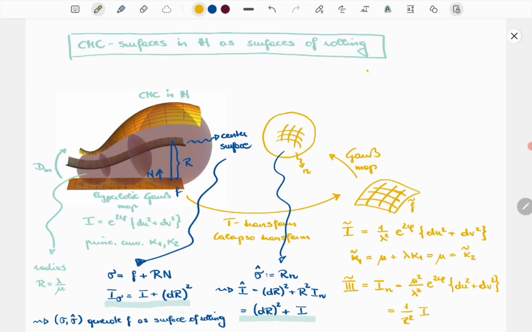A similar construction can be now done for the CMC surface in hyperbolic space.